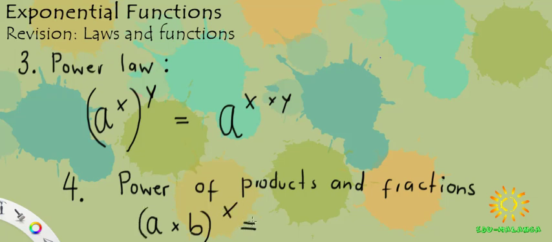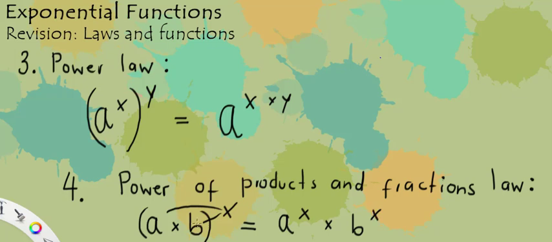What the power of product law tells you is that the power must multiply each of the terms. So what you'll have at the end is a to the power of x times b to the power of x. So the power, when you have brackets and it's outside, gets distributed into each of these terms. It's important to see the multiplication here, guys. If it was a plus or a minus, it's a very different way in which you do this.